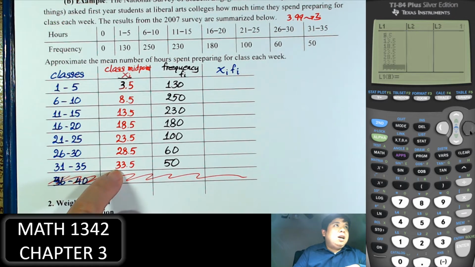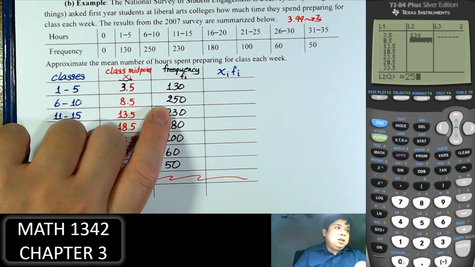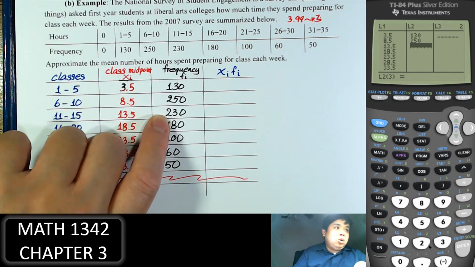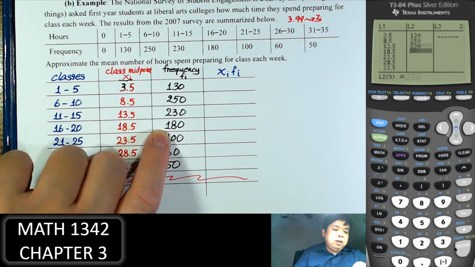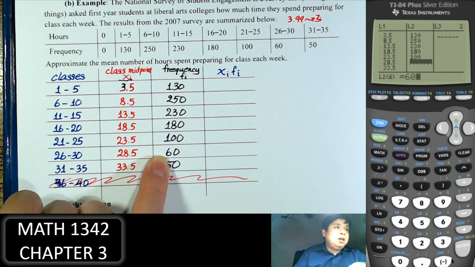Next, the frequencies in L2: 130, 250, 230, 180, 100, 60, and 50.